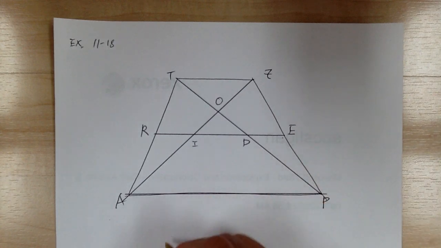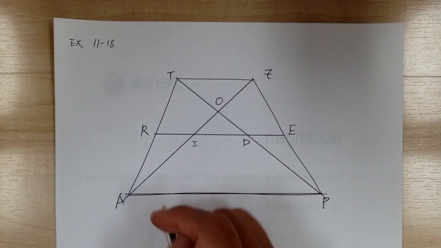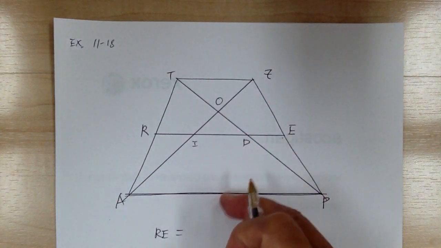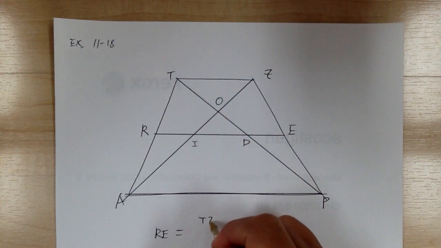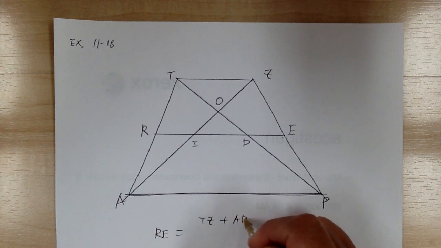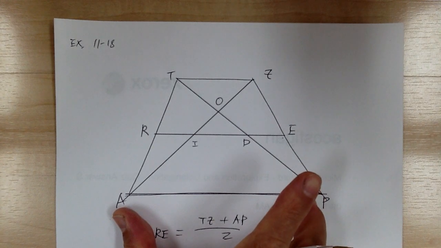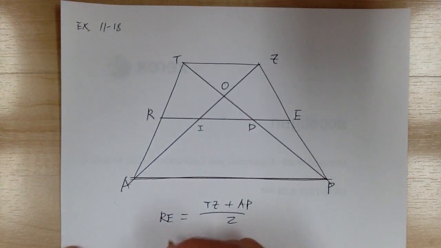So the RE is, this one is equal to average of the two, so equal to TZ plus AP over 2. So TZ plus AP over 2 give you the RE.